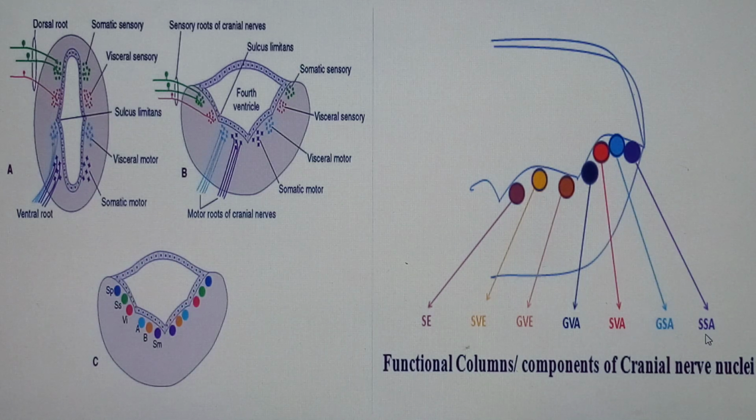Then the next one is known as SSA, the last column that we find. SSA means special somatic afferent. Normally, if something is special, it is supposed to be carrying something from the viscera, from internal organs. But for this one, the sensation is special, but it is not coming from viscera, it is coming from the body wall. This is the one where I told you to think about the vestibulocochlear nuclei under this column only.